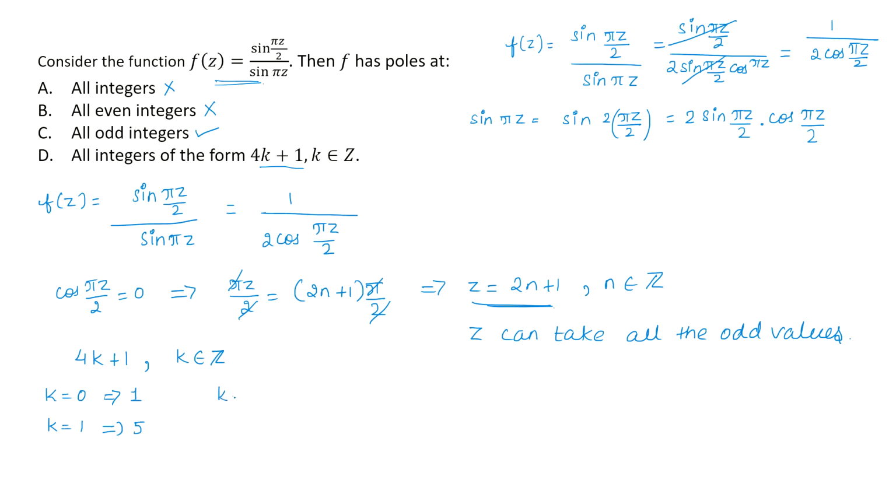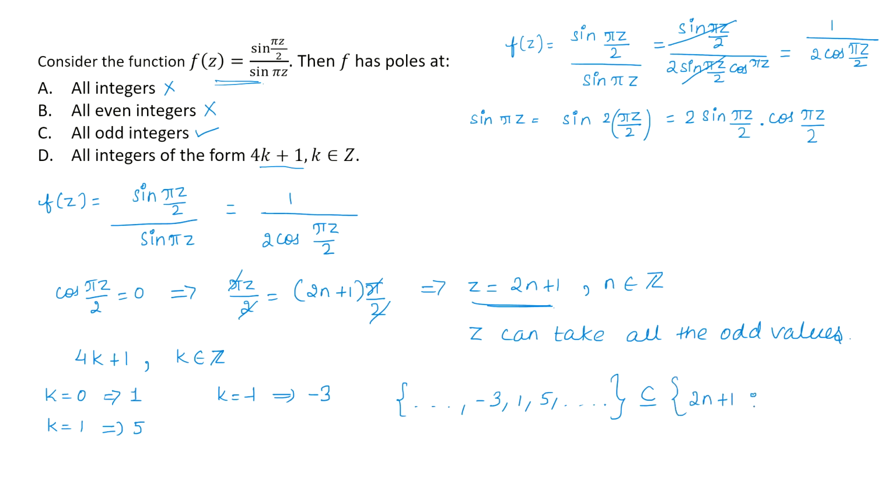If I put k = -1, this gives me -4+1, that is -3, and so on. So basically I have a set like this, and this set contains not all, but some of the odd integers. It is basically a subset of the set of all odd integers.